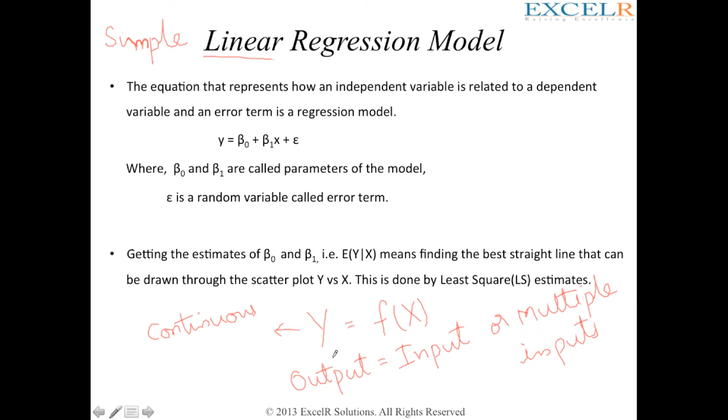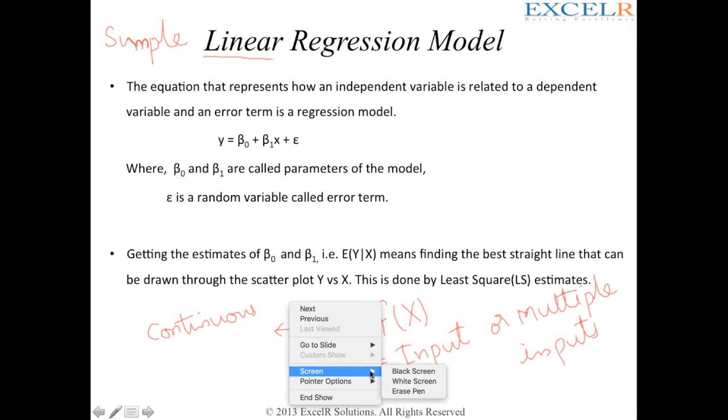If there is one output which is continuous in nature and which is influenced by multiple inputs, you call it multiple linear regression. However, we'll be focusing our discussion only on simple linear regression.